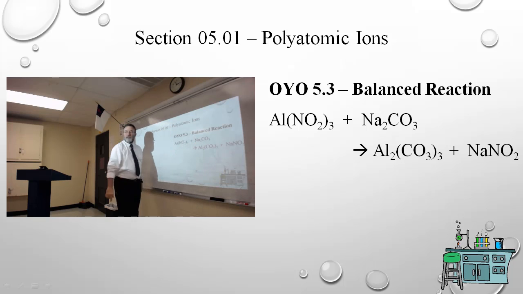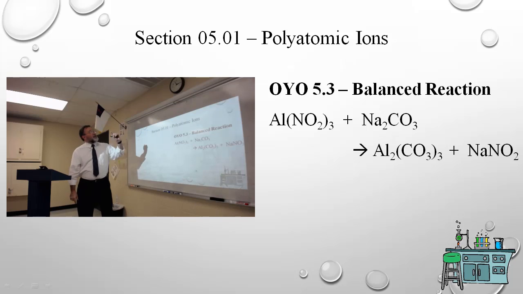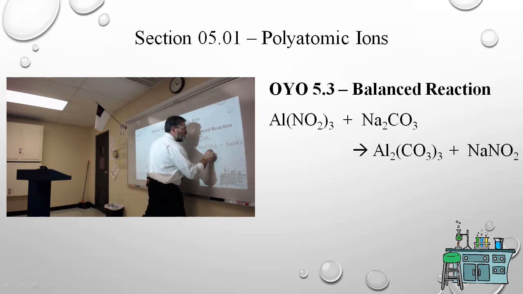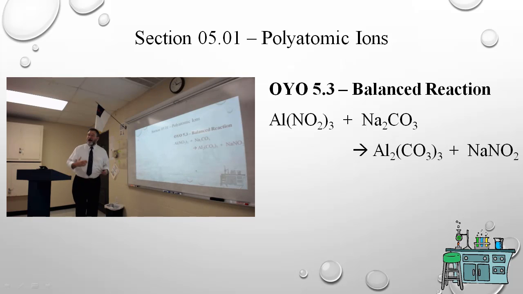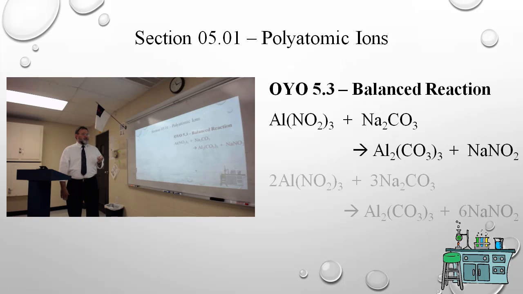I got 1 carbon. How many carbons do I have in the products? 3. So how am I going to end up with 3? Don't I have to start with 3 to end with 3? So we balance the reaction by doing this.